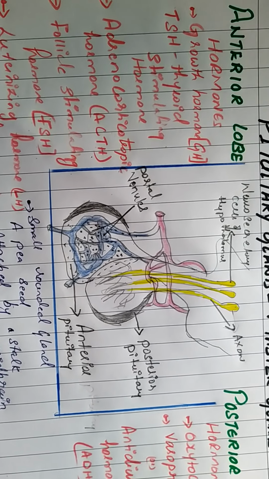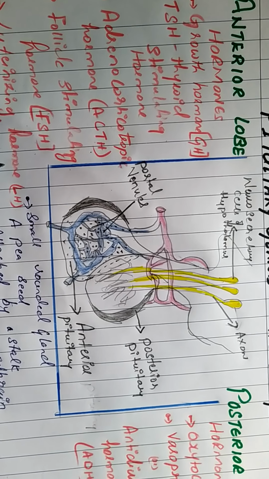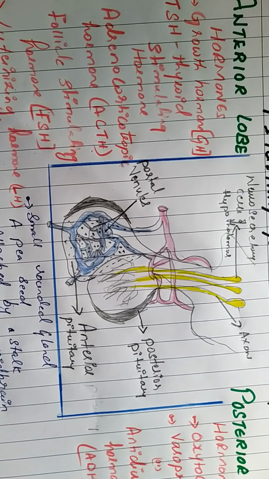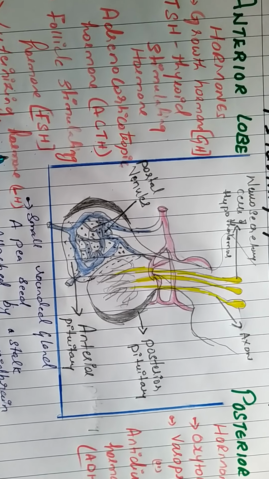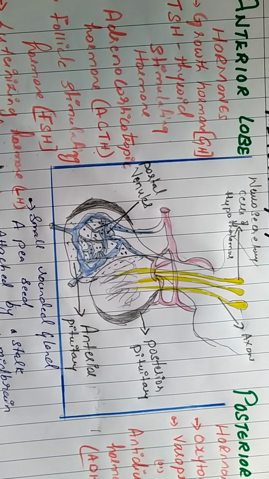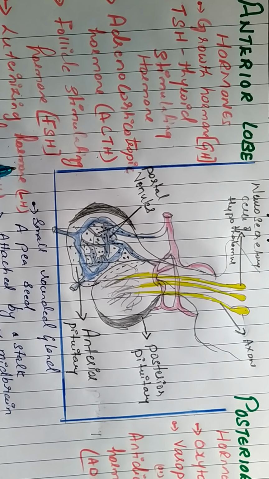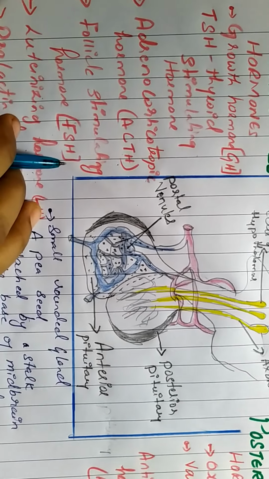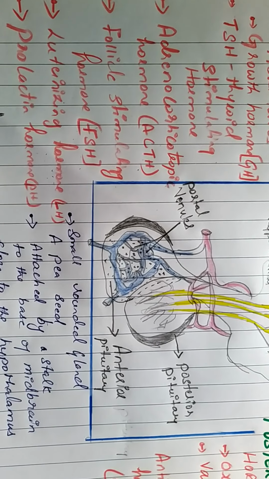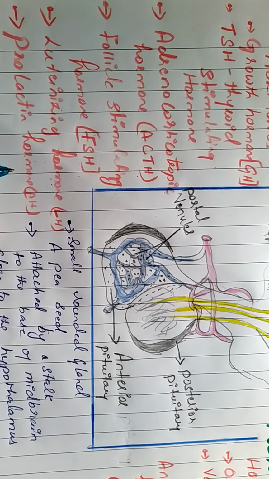The next is the luteinizing hormone. This hormone in males stimulates the secretion of the male hormone testosterone, which influences the appearance of secondary sexual characters in males.